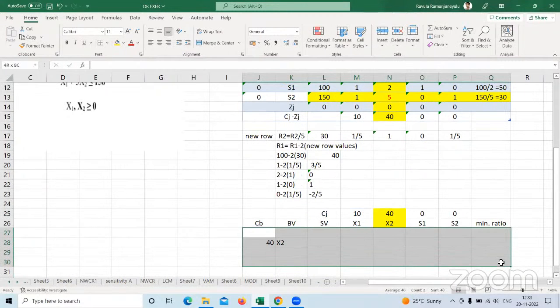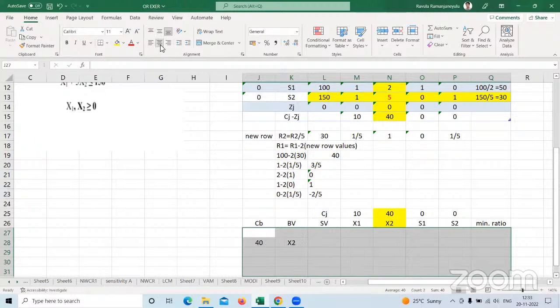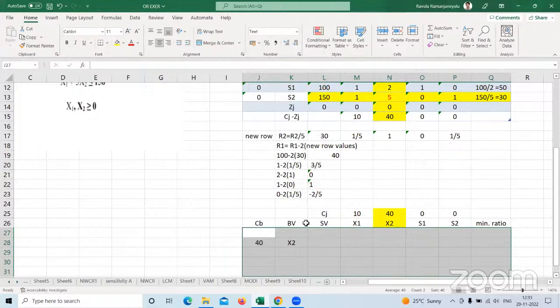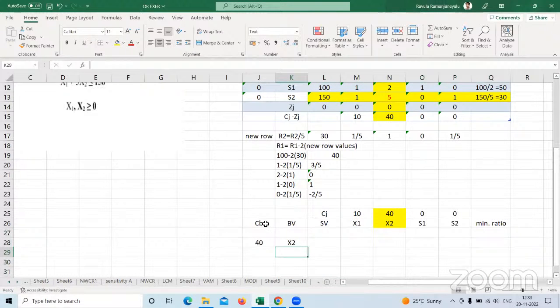Any doubt? If you make it this way, it is easy to understand. So S2 is replaced with X2 and the coefficient of X2 is 40.